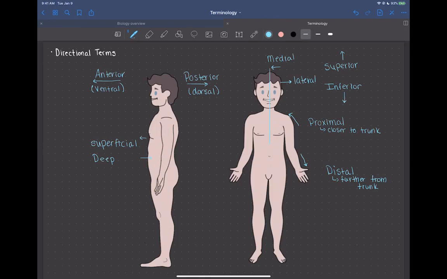So these are the directional terms. Make sure you understand them and you can use them. Your homework and your chapter review give you some practice with that. Practice using those, and be able to fill in the blanks like I was giving examples for. I could ask you, the carpal region, which is the wrist, is blank relative to the coxal region, which is the side of the hip.